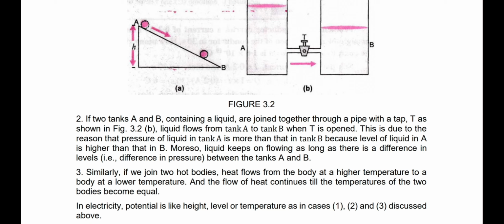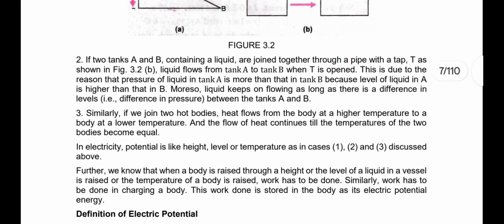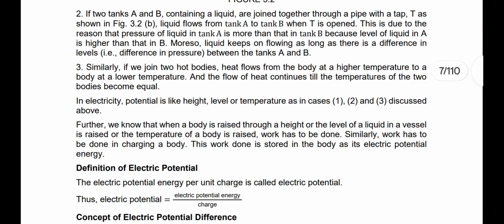In the previous example also, the ball was sliding down from a point of greater height to a point of lower height. Similarly, let us consider joining two hot bodies. Suppose we have two hot bodies and we join them by means of a metallic conductor.